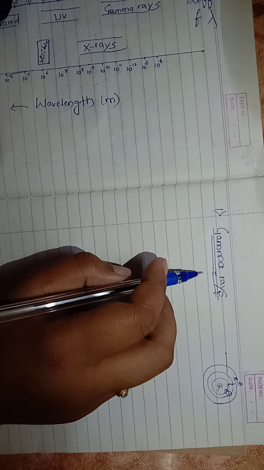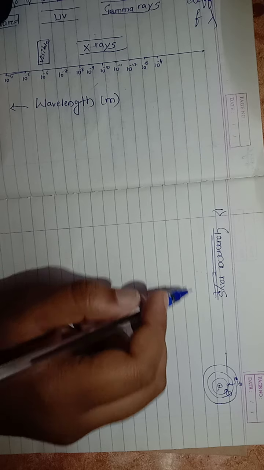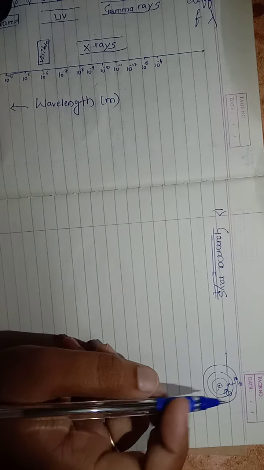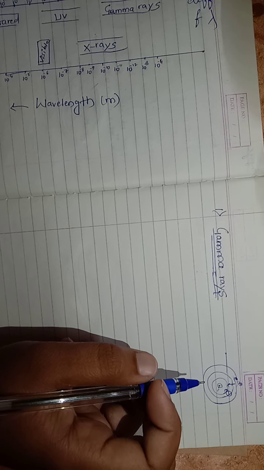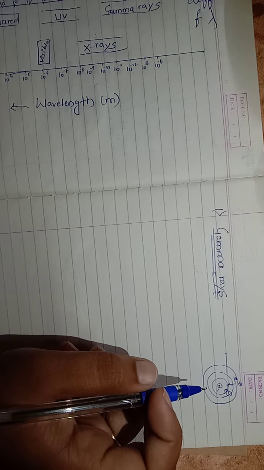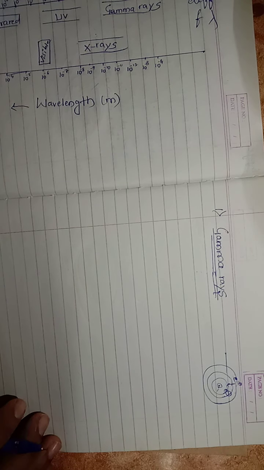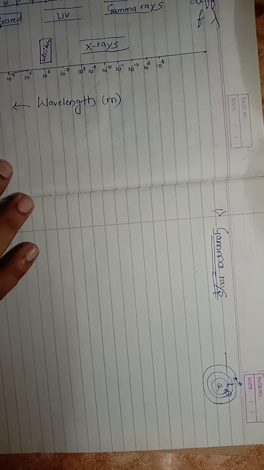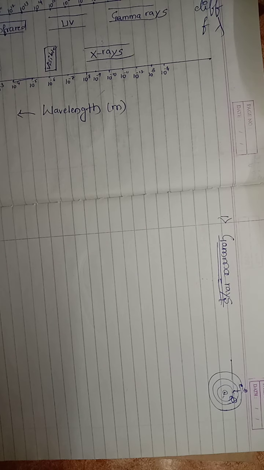Understood? And they are also produced during radioactive decay. These things are very new for you. Don't worry much about them, just remember the name.